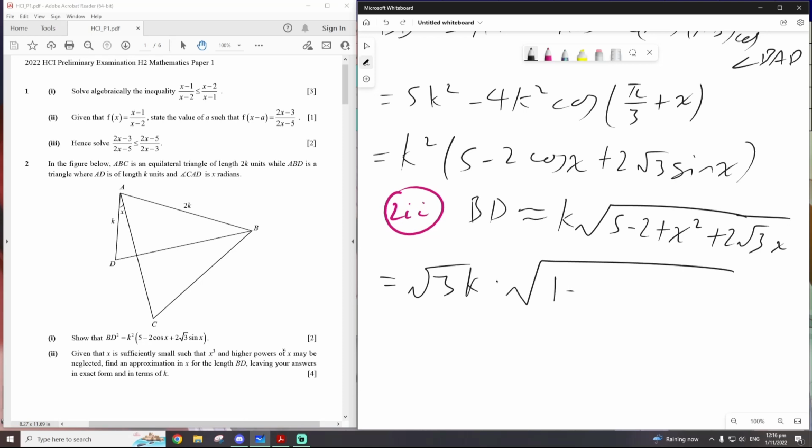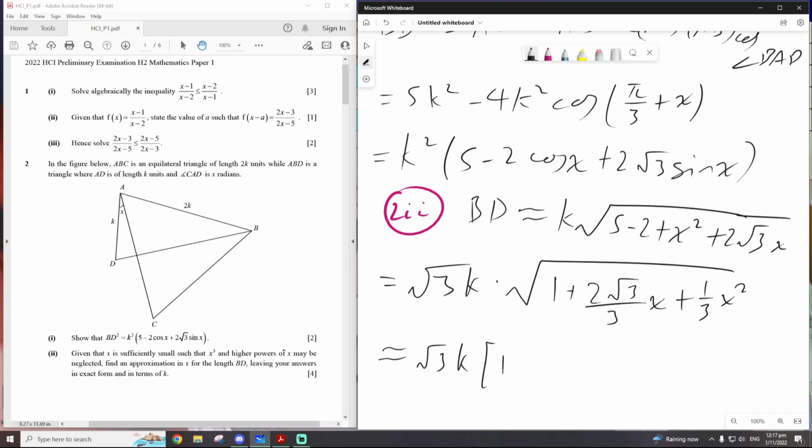So we get 1 plus 2 root 3 over 3x, because we are factoring out the root 3. And then we have plus 1/3 x squared. Okay? And we use the binomial series from here. So that we get root 3k.